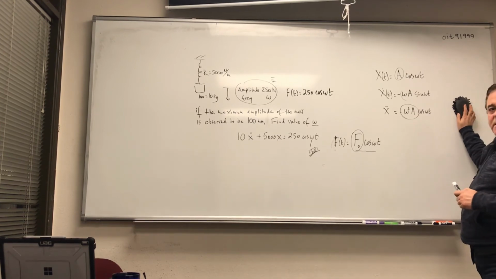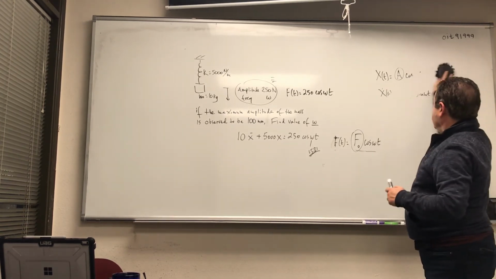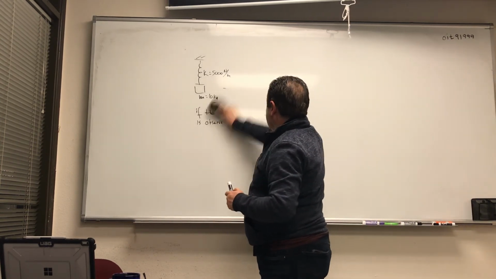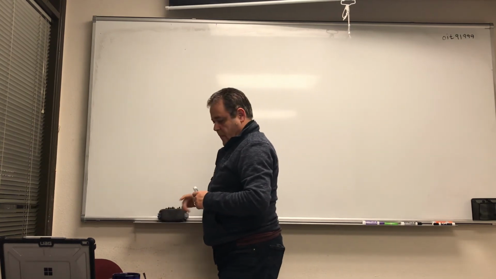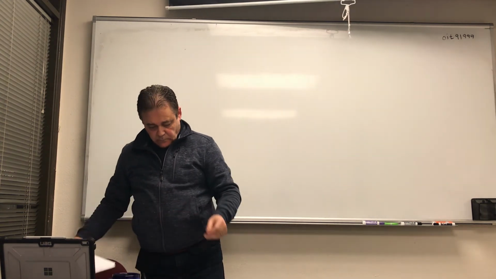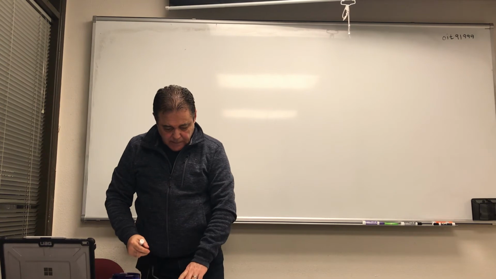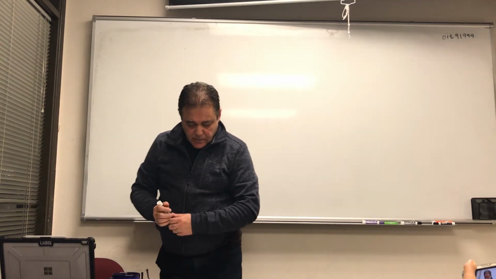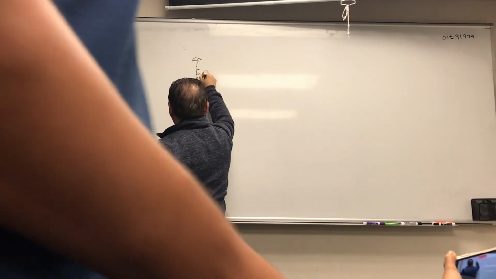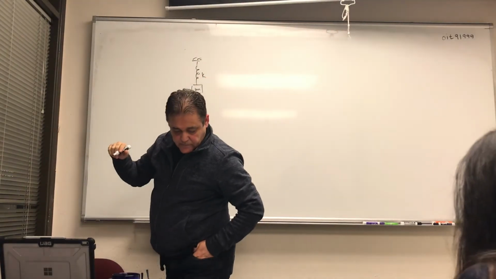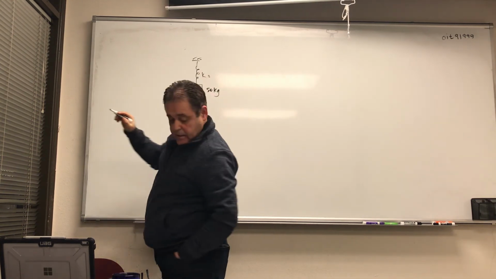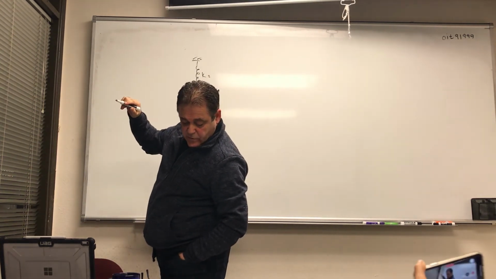Let's do something else. Let me erase this. So again, spring mass, where the mass is 50 kilograms and the spring is 5,000 newtons per meter.